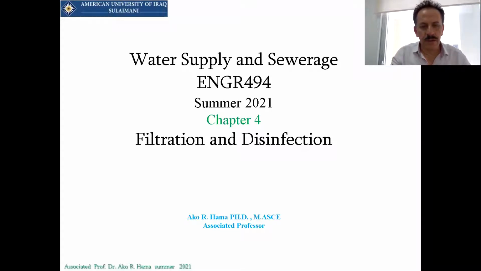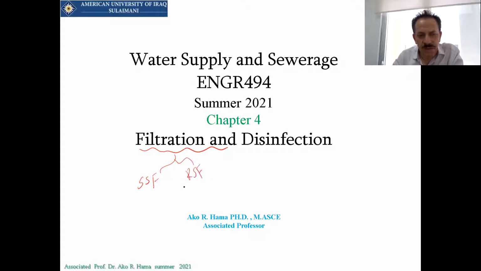Today we are taking the last part of chapter 4, where the first part was about filtration. We say that we have two types of filtration based on their performance: slow sand filters and rapid sand filters.